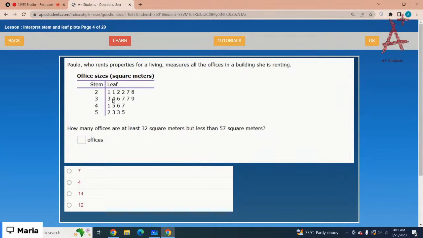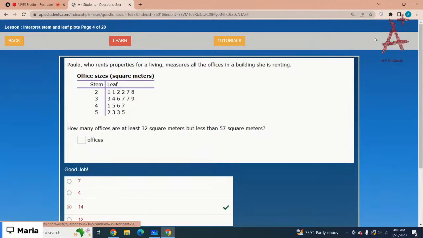It would be 1, 2, 3, 4, 5, 6, 7, 8, 9, 10, 11, 12, 13, 14. They are 14. So the correct option is 14.